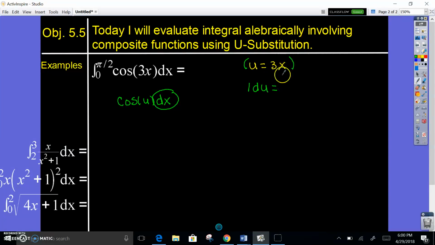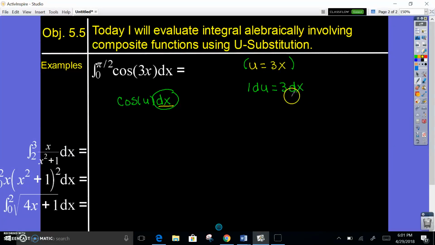On the right side it becomes 3, the derivative of 3x is 3, and then we're going to multiply that by dx. And so that's how you take a differential. We're not taking a derivative, we're taking a differential, which is the derivative times dx or du, whatever the name of the function is.